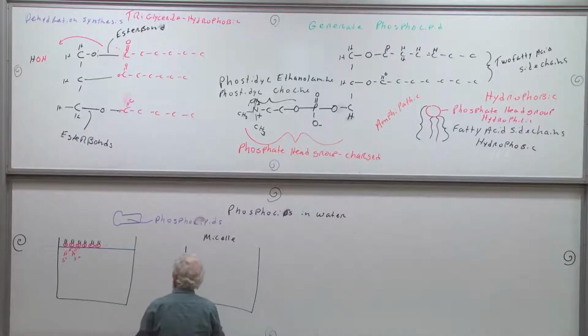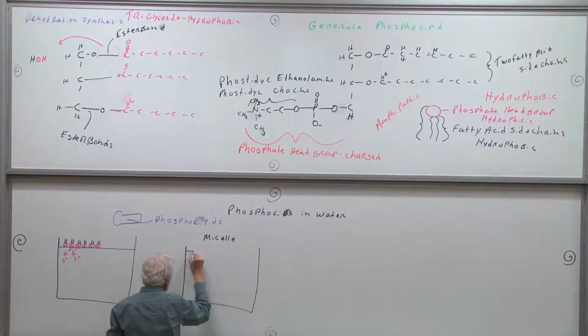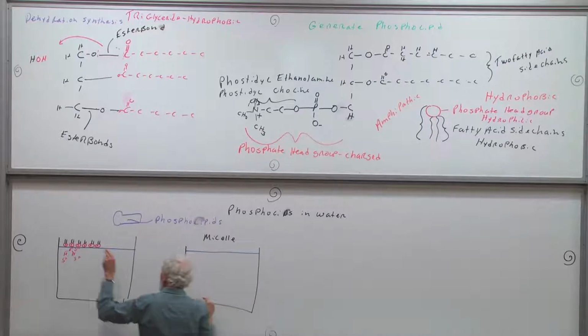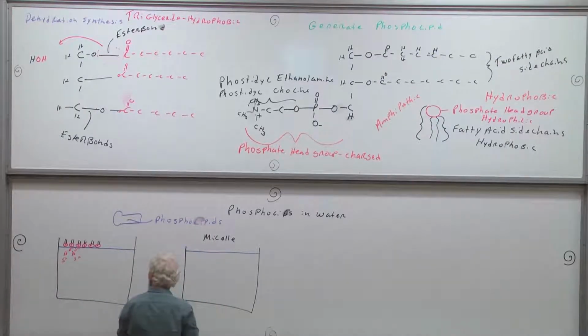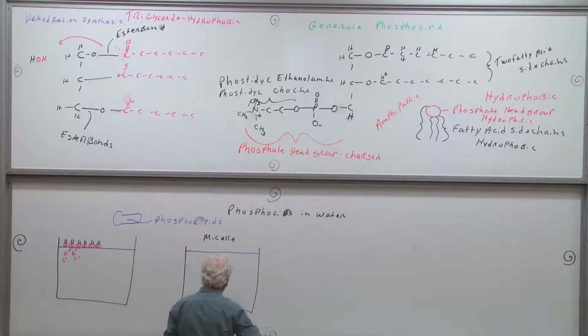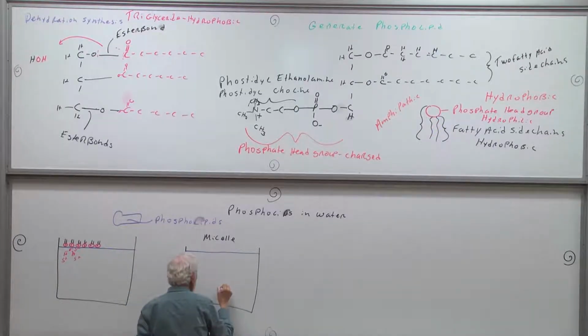So we're going to imagine taking these phospholipids and dunking them under the surface of the water. Again, the head groups are going to orient such that they point toward the water. These will be the positively charged head groups.